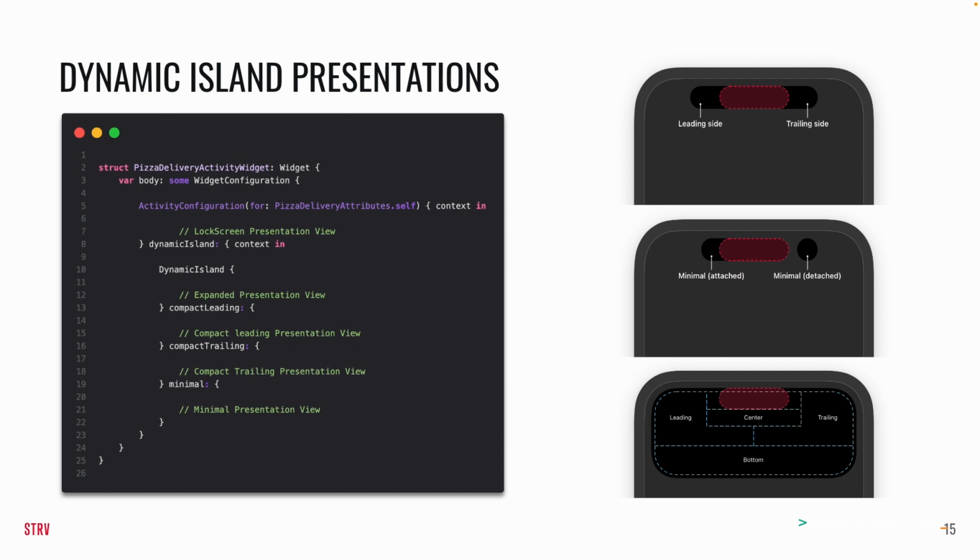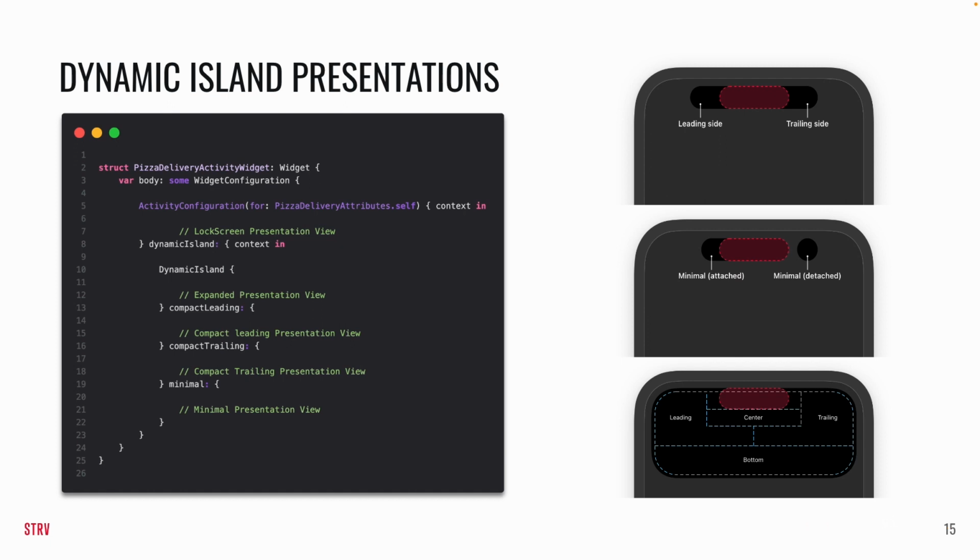For the compact one, we have a leading side and a trailing side, and we can easily define our views and put them there. For the minimal one, we have this small hole, which is again easy. But when it comes to the expanded one, we have this limitation, and Apple separated the view into leading, center, trailing, and bottom.